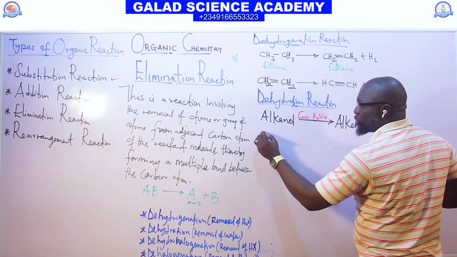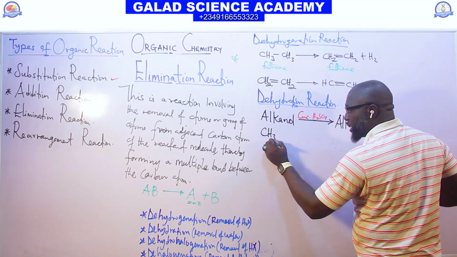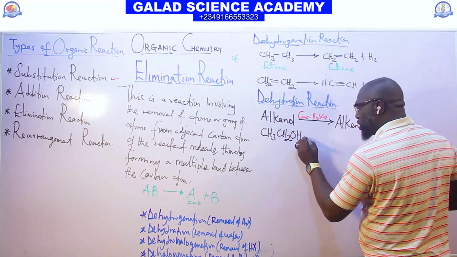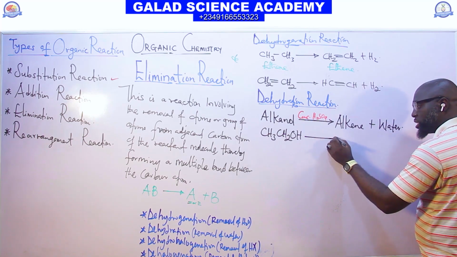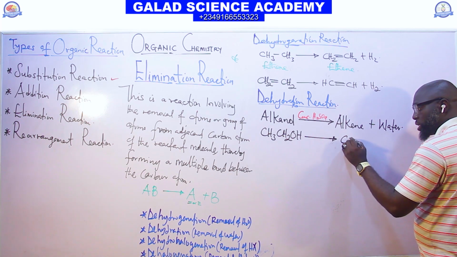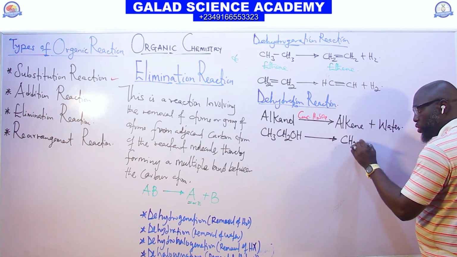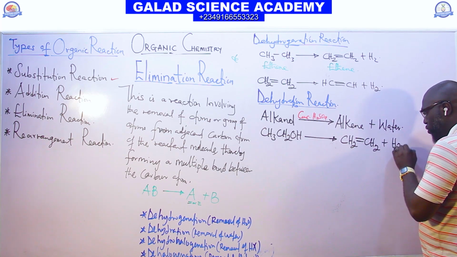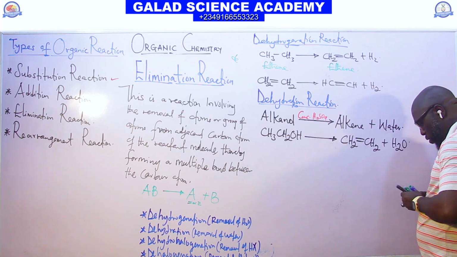Example of alkanol, let us use ethanol, CH3CH2OH, reacting like this to give us C2H4, C2 double bond C2, plus H2O.